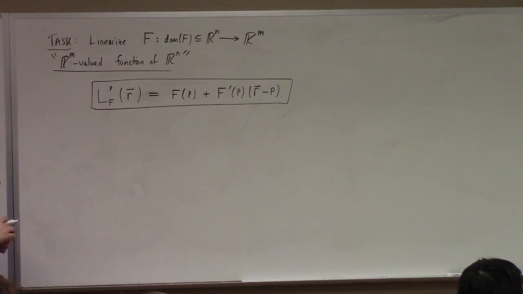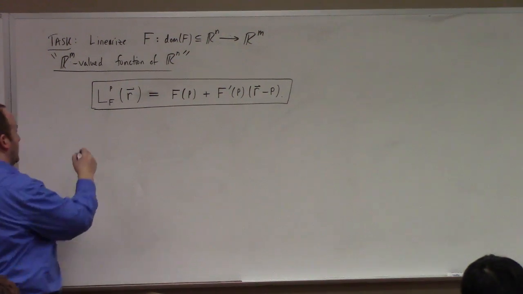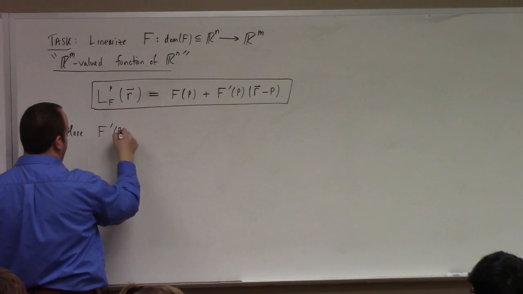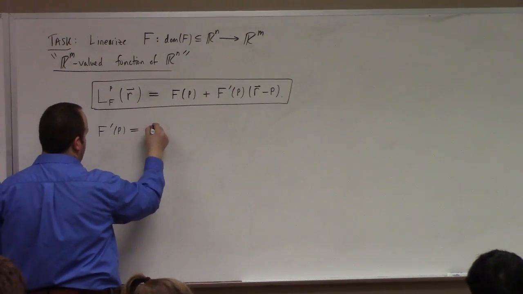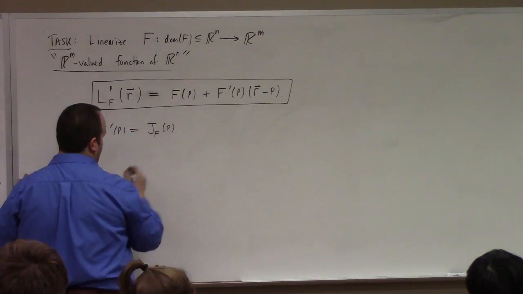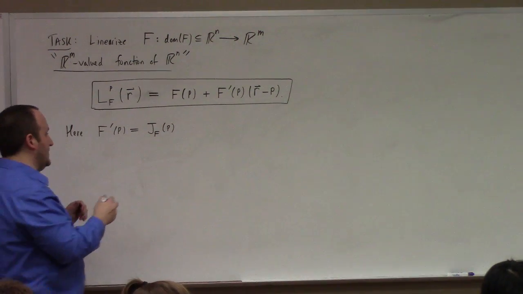Now the devil's in the detail here: F prime of P is defined to be the Jacobian of F at P, the so-called Jacobian of F at P.